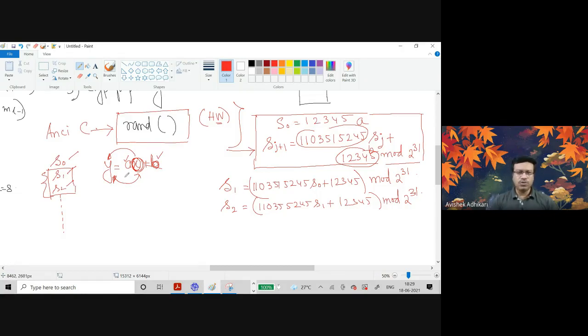So suppose you know a few values. A and B are fixed, right? And if you know 2 consecutive values, then you know first this one and then second this one.